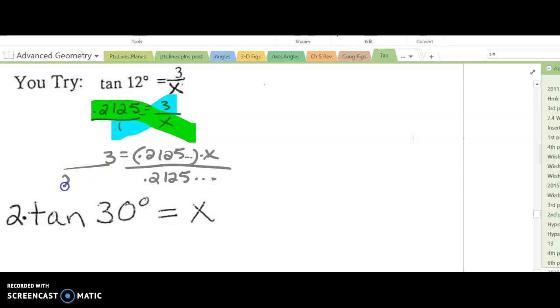So the question is, Ms. Benton, do I have to do 3 divided by all those decimals? And the answer is yes. Yes, you do. But I'm going to show you a neat little trick in your calculator.